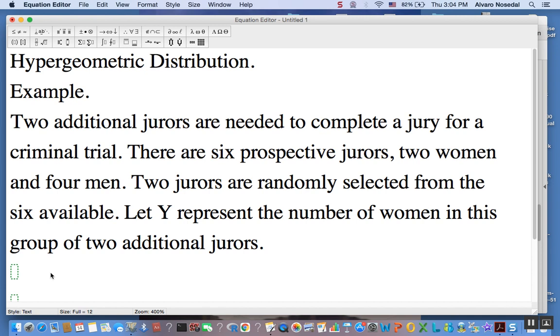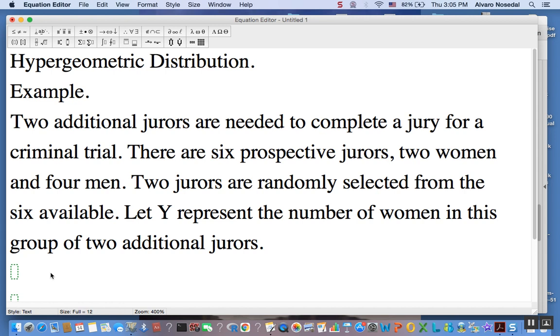The idea is that we want to select 2 additional jurors to complete a jury, right? And we have 6 candidates. 2 of them are women and 4 remaining are men. These 2 jurors are going to be randomly selected from the group of our 6 candidates.